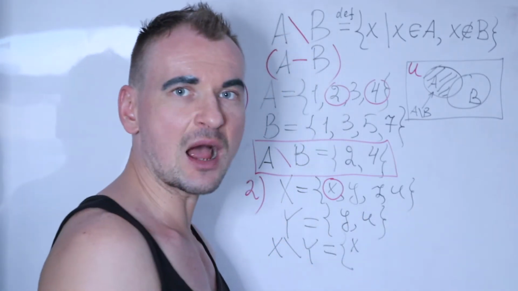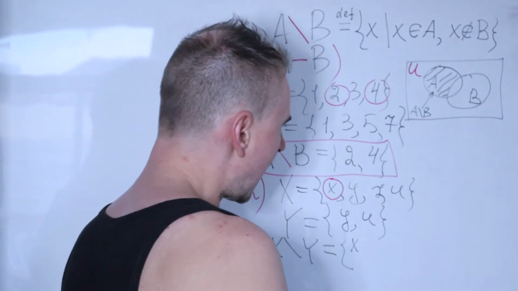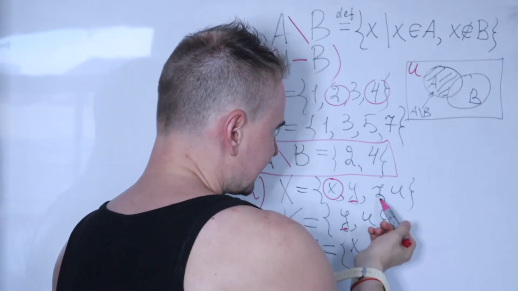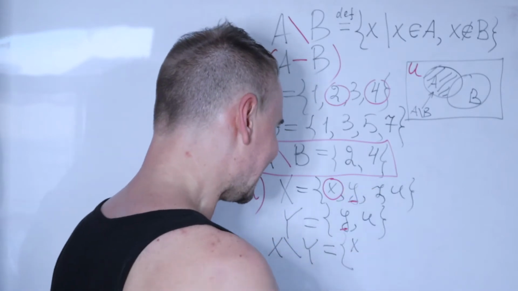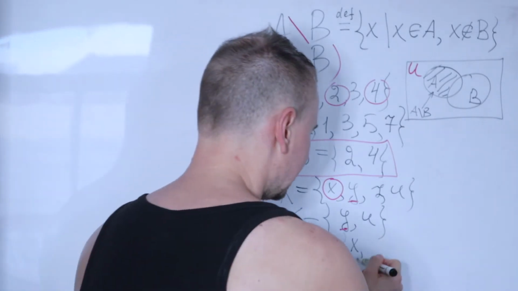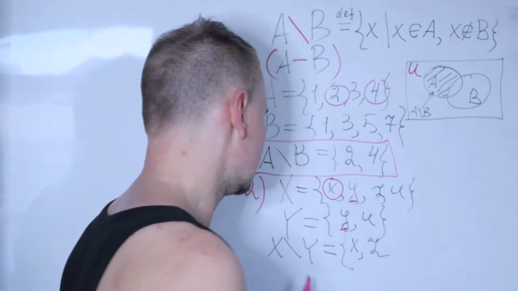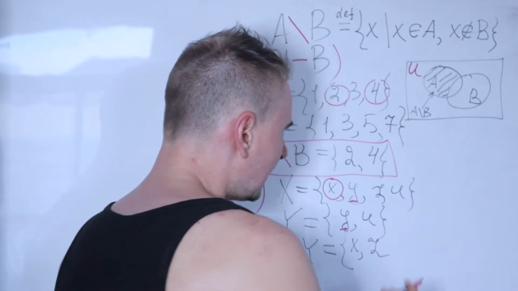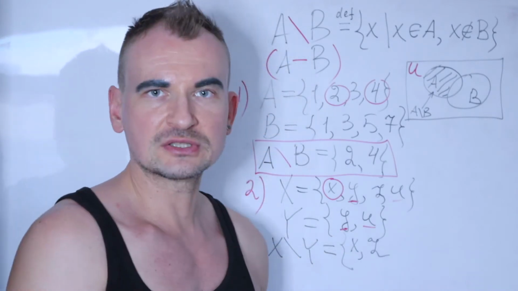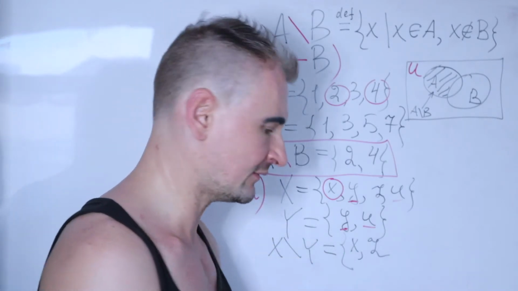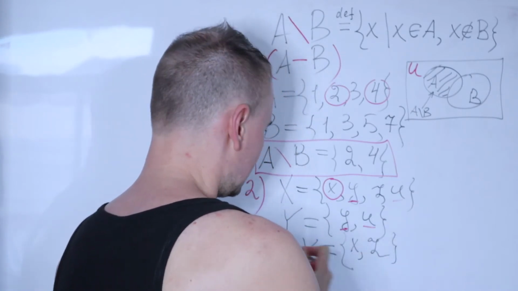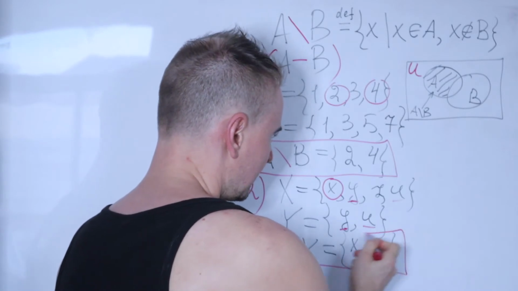Check to see if there are more elements. So y is there and there, no. z is in set X, but z does not belong to set Y. So z goes into the difference. And finally, the last element, u and u. So u belongs to both sets, so it doesn't work. That's all. We can just close the braces.